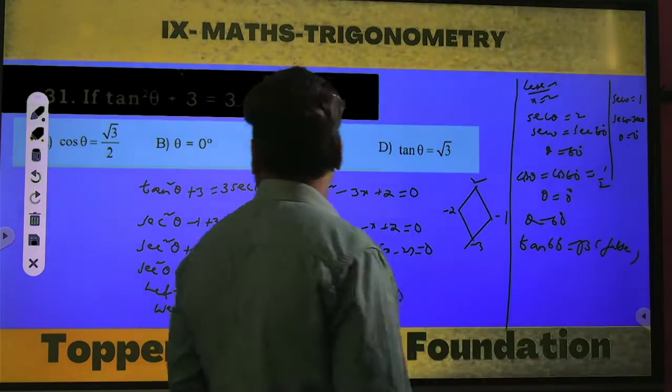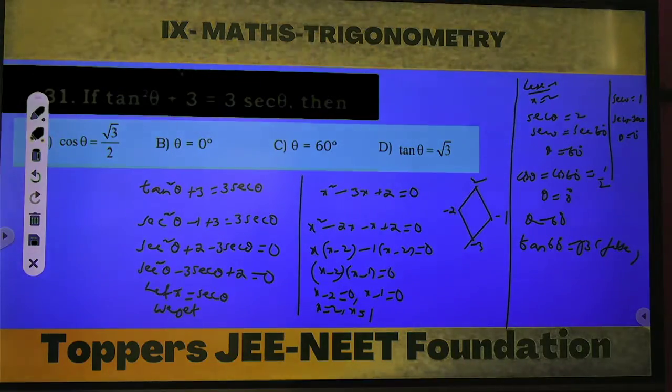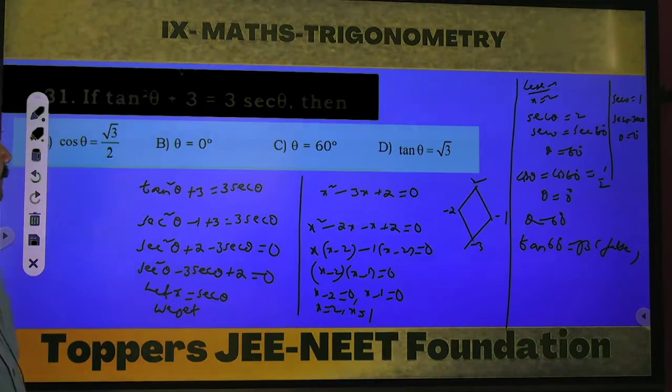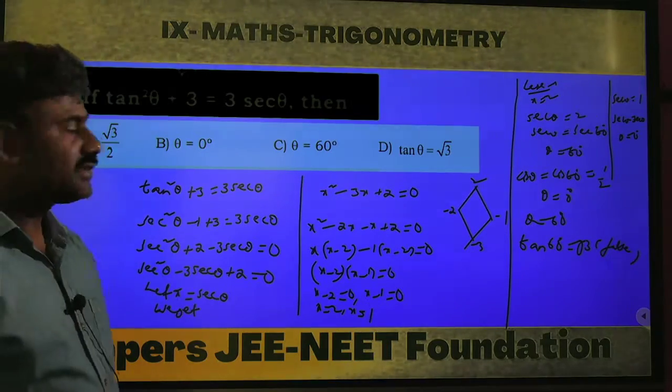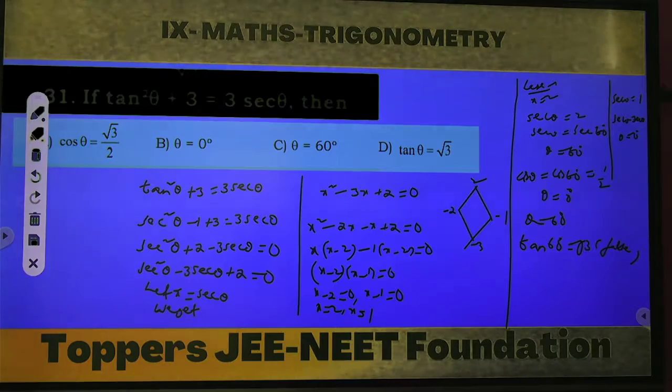So finally, what is the correct answer? Theta is equal to 0 degrees is the correct answer. Yes, only option B is the correct answer. Okay, let us go for next question.